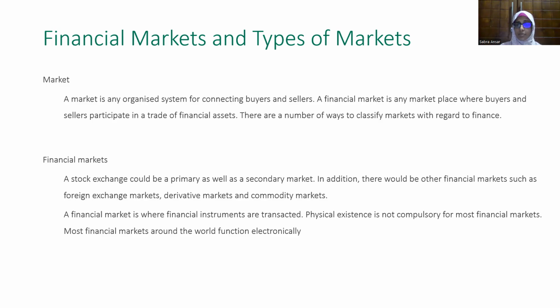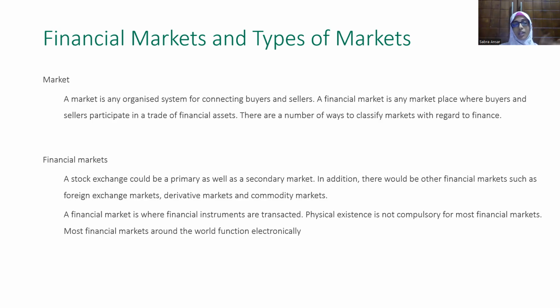So why do I say primary as well as secondary? The primary market is when the company sells its stock to a certain set of investors. The secondary market is when an investor who bought these shares sells what they have to another investor. All those are included in the financial market.